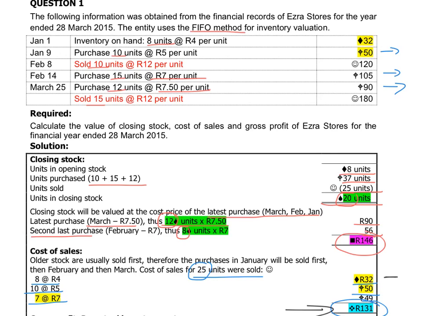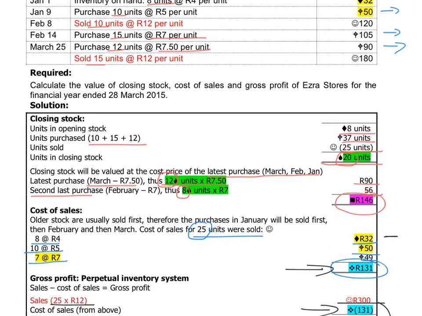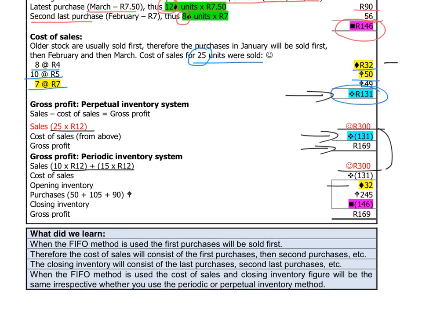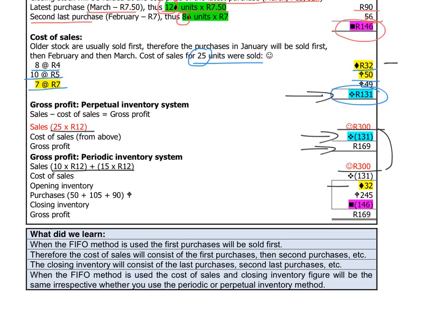So if I add the 90 plus the 105, it's 195, plus the 50 is 245. So I can determine my total purchases as 245 rand.